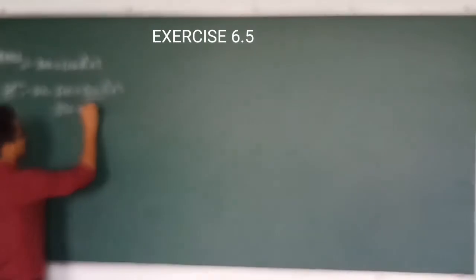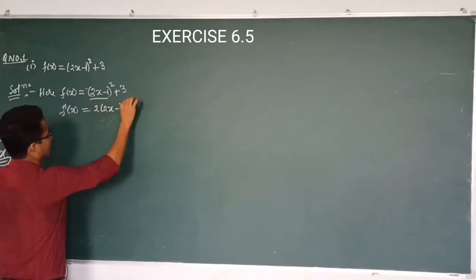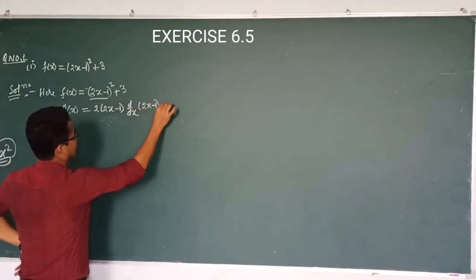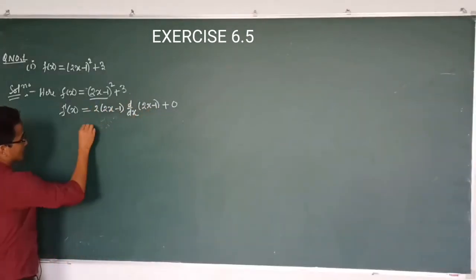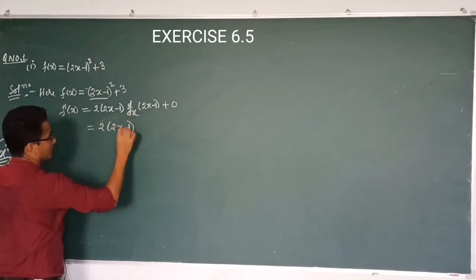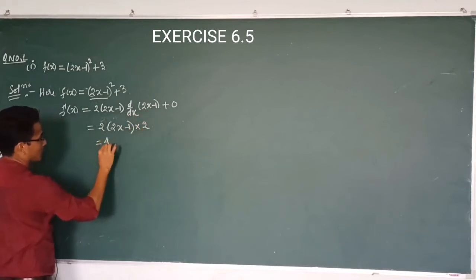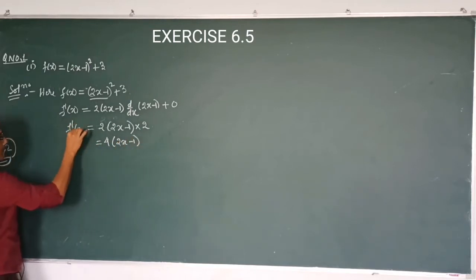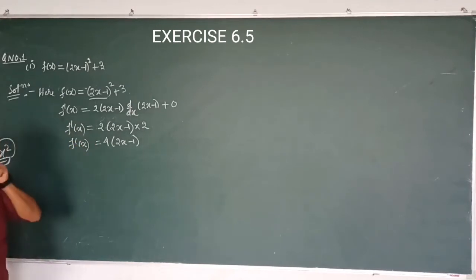So this becomes 2 times (2x minus 1) times d/dx of (2x minus 1), plus d/dx of 3, which becomes 0. Differentiating 2x minus 1 gives 2, so f dash x is equal to 4 times (2x minus 1). This is f dash x.